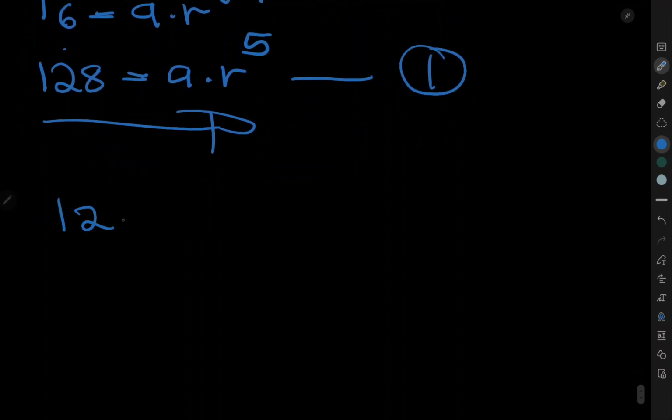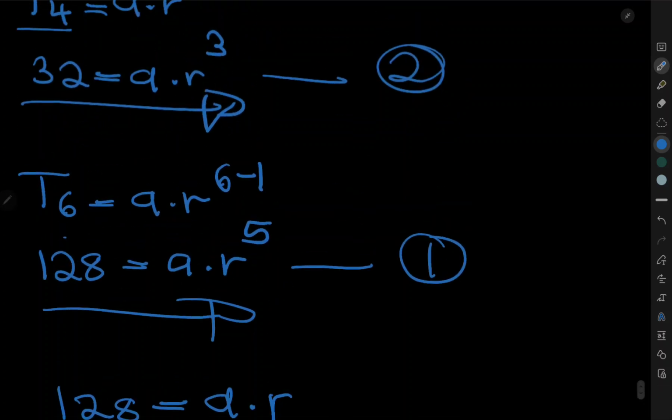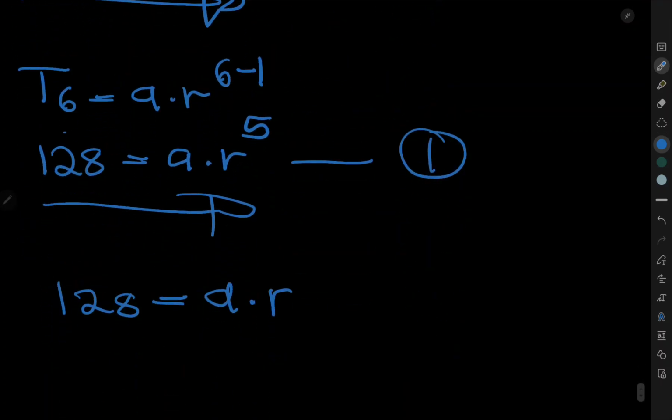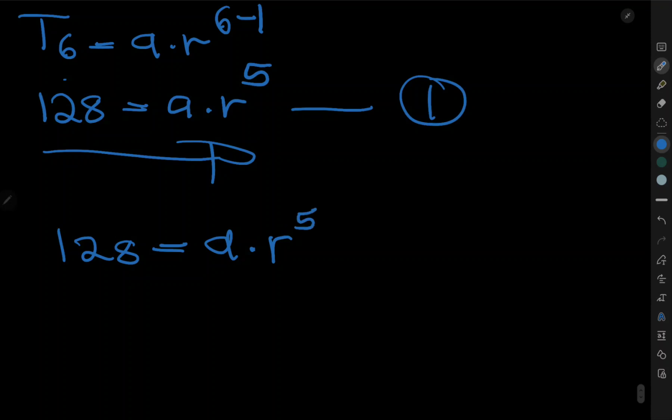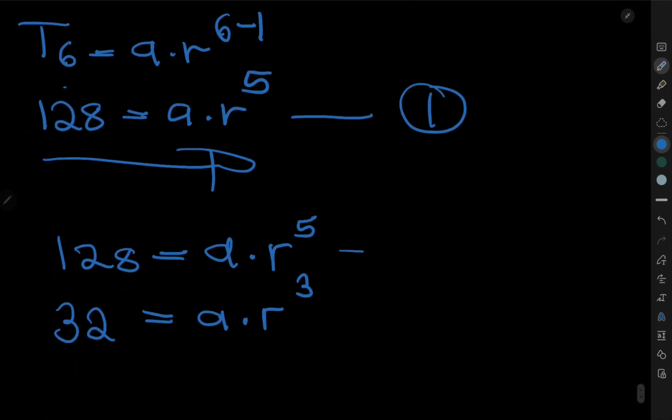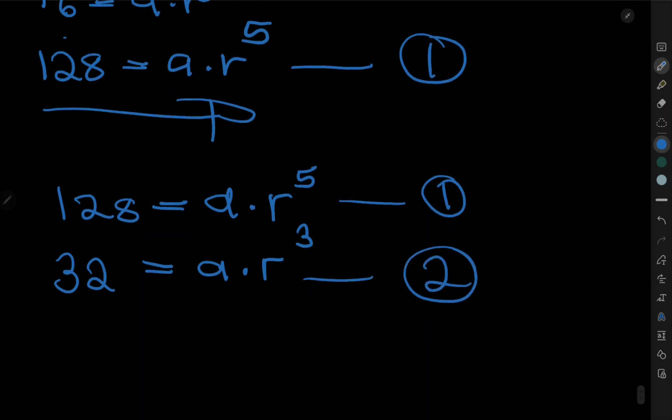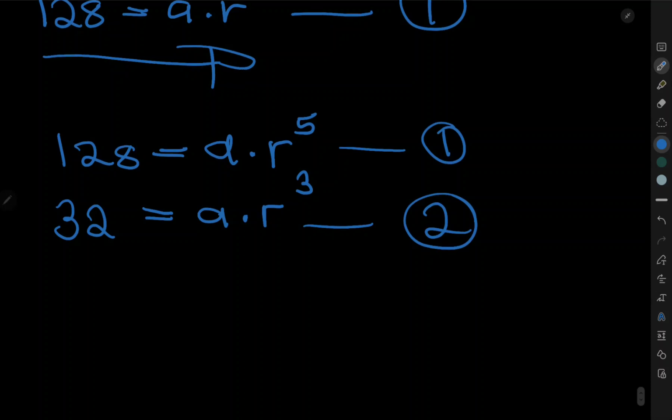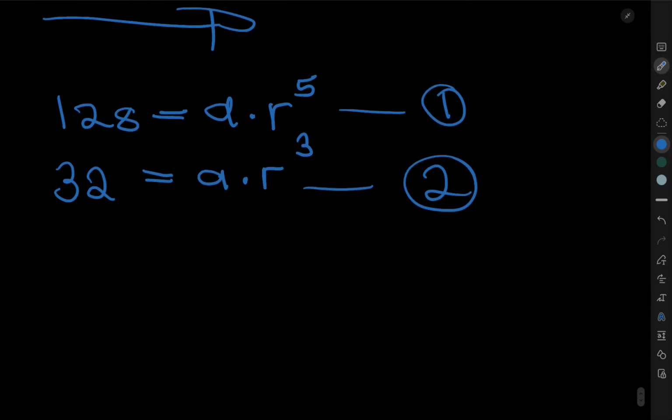128 is equal to a times r to the power of 5, and 32 is equal to a times r to the power of 3. This is my second equation, this is my first. I'm going to use the long process, substitution instead of elimination.